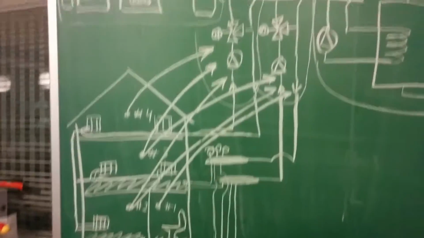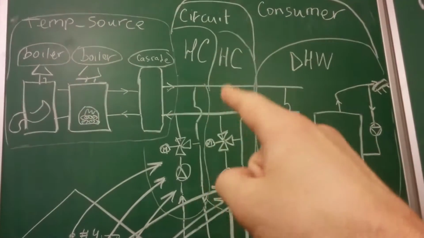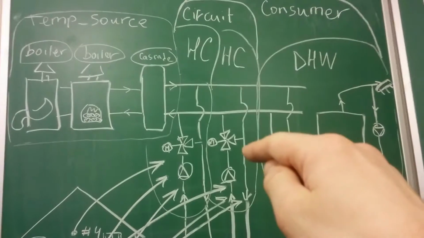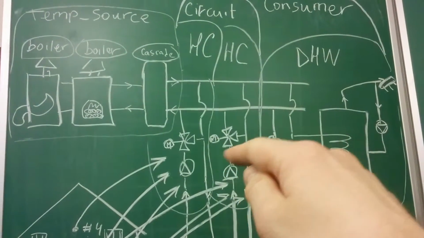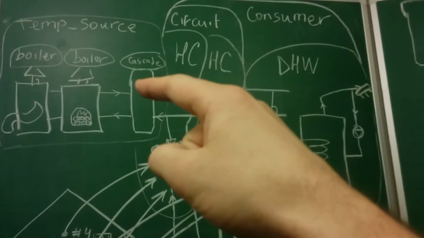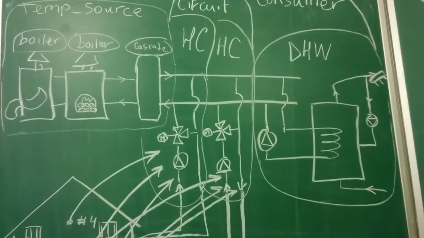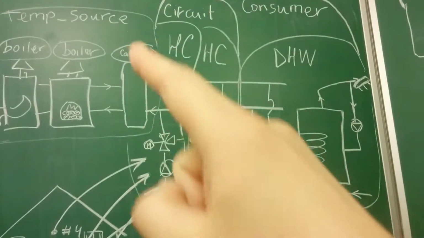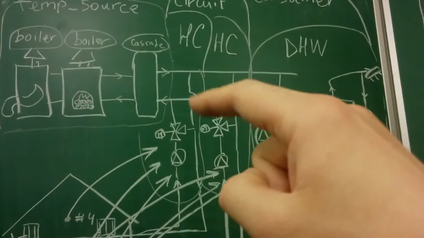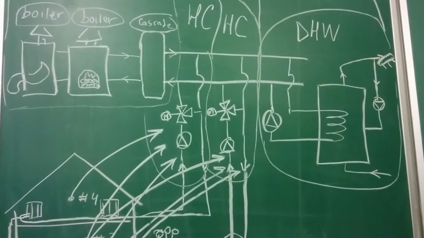So that is the system. Then they modify not only their target temperature here, but also the requested temperature to the temperature sources, to the Cascade Manager. And the Cascade Manager tries to maintain the highest one of these two set points.